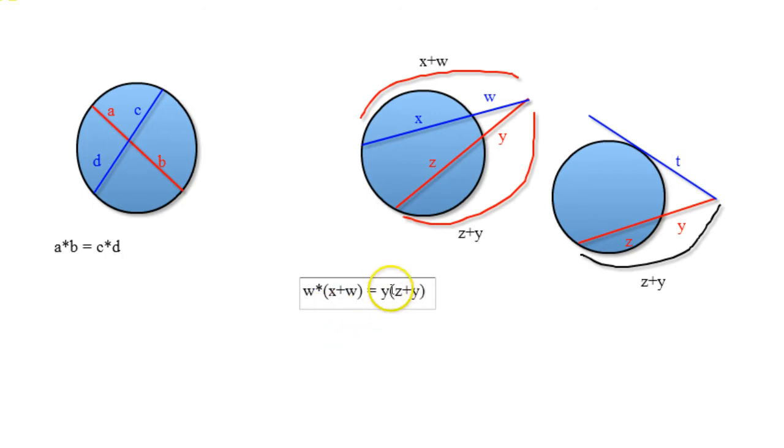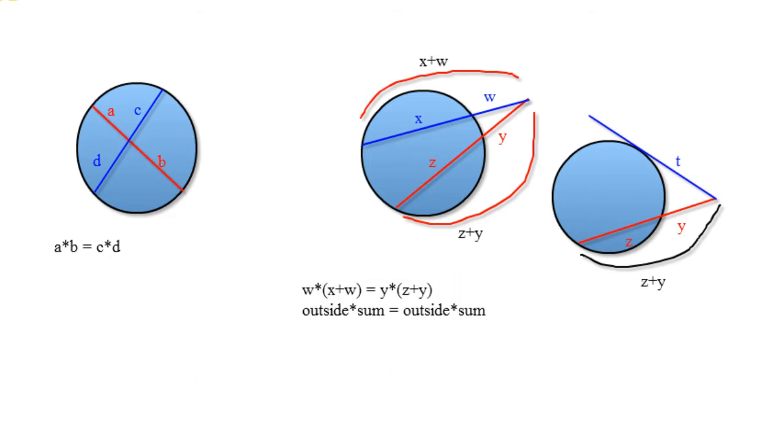Just to give you some clarification, you take the outside segment times the sum, and that should equal the outside times the sum.